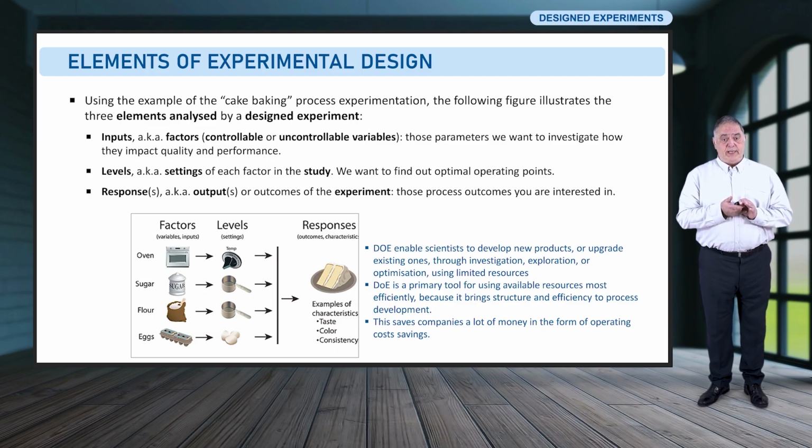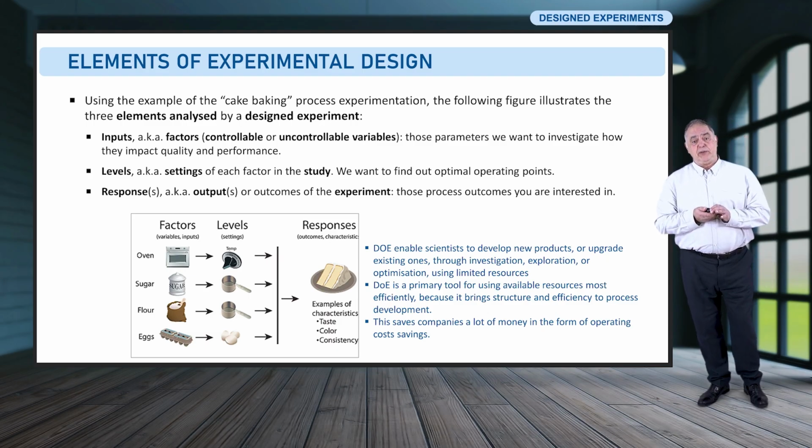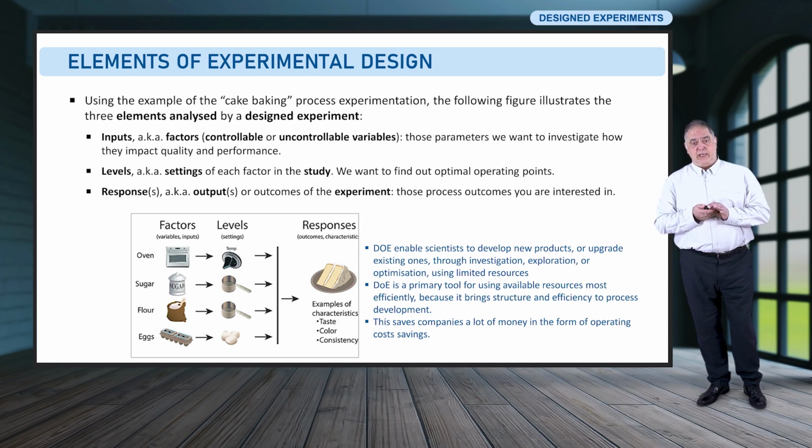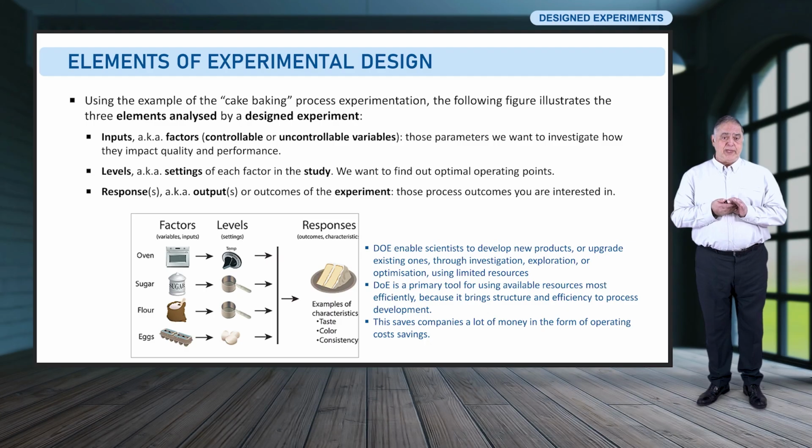For example, in this particular case, in the cake baking process, the factors are the oven, the sugar, the flour, and the eggs. And the levels at which they can be set: in the oven, the levels are controlled by the rheostat, so we can set different temperatures, for example, 200 degrees, 220 degrees, etc. Sugar, we can have a measuring cup.